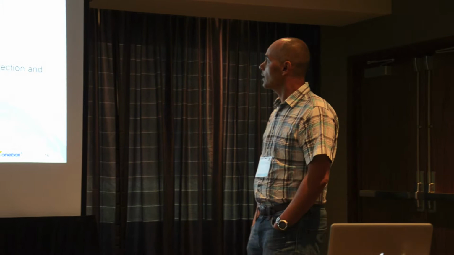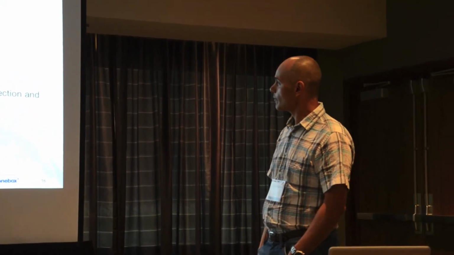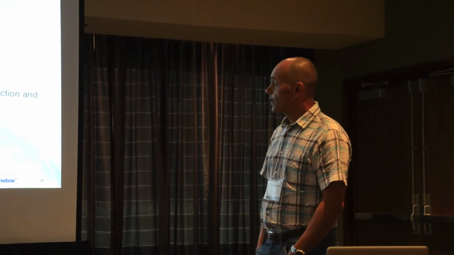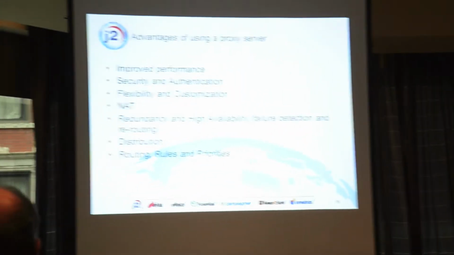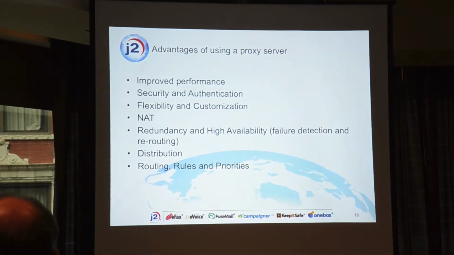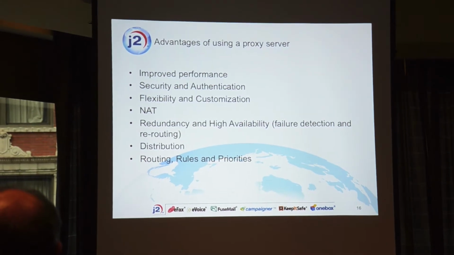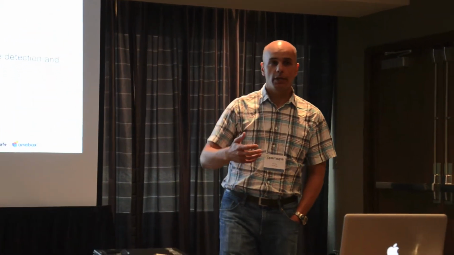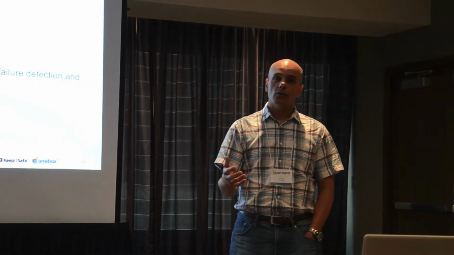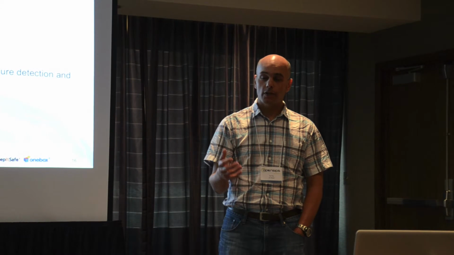So why would we need a proxy server? First is performance. This middleman actually does not slow things down. It actually makes things faster. Why? Because now all the messages come to this proxy server.